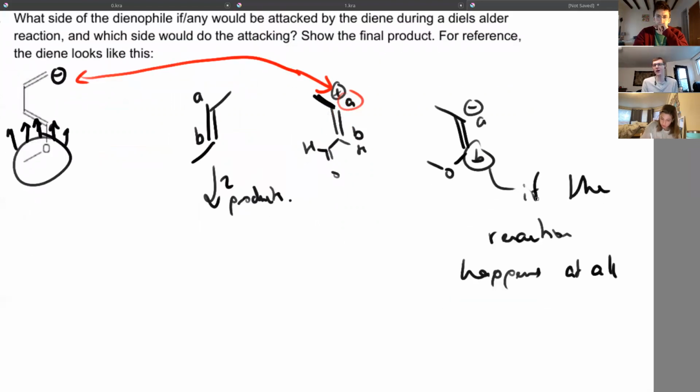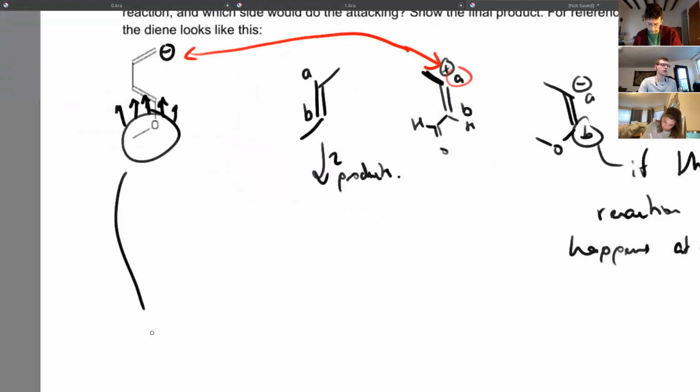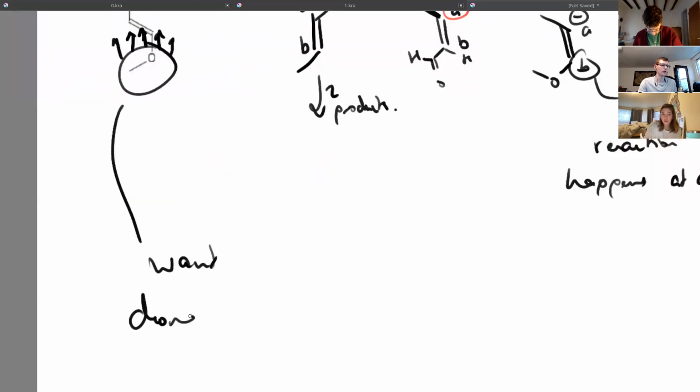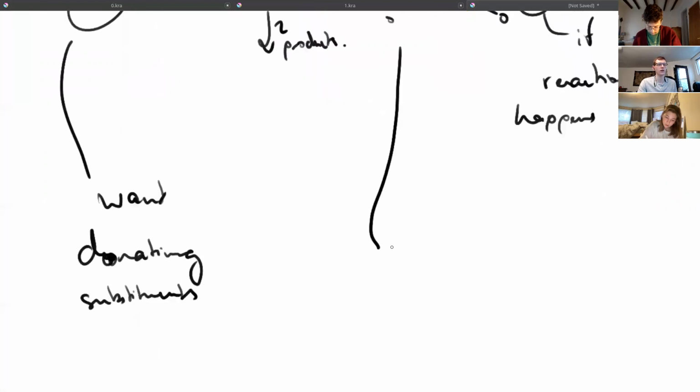Or in other words, you always want a diene that has donating substituents. And on your dienophile, you always want withdrawing substituents.